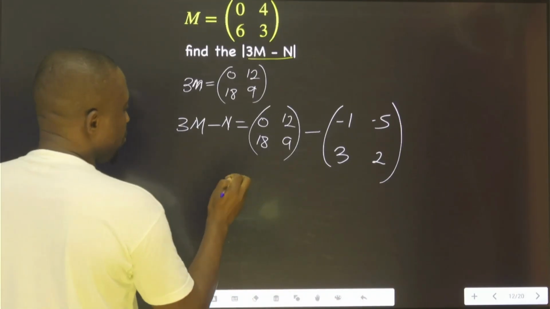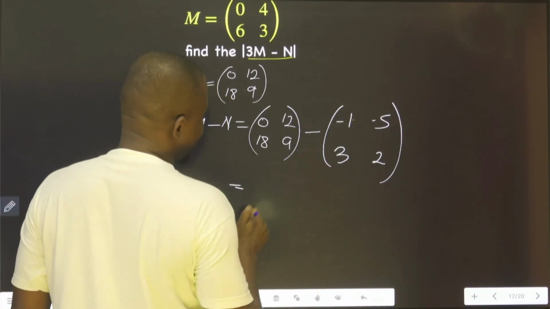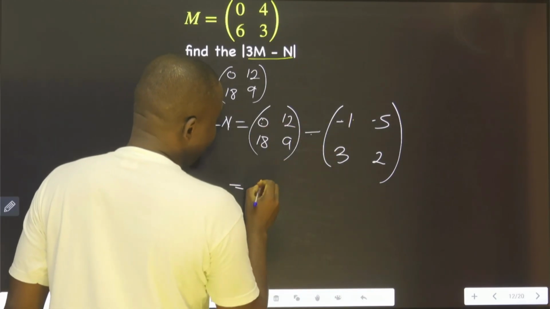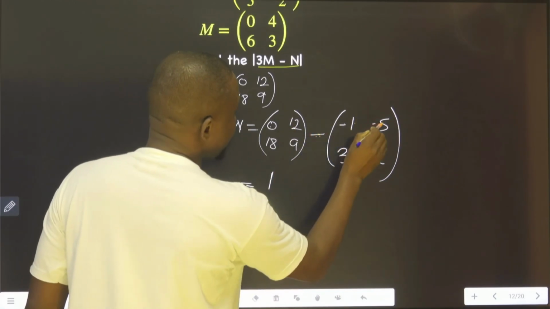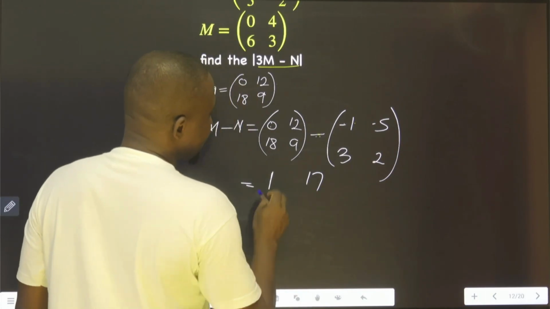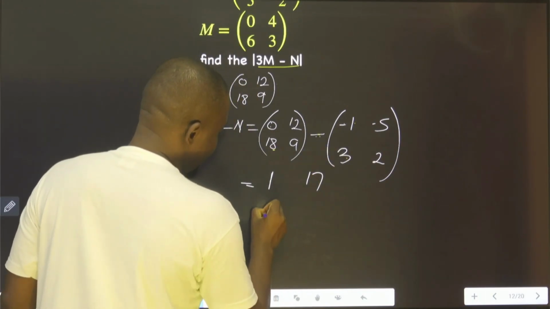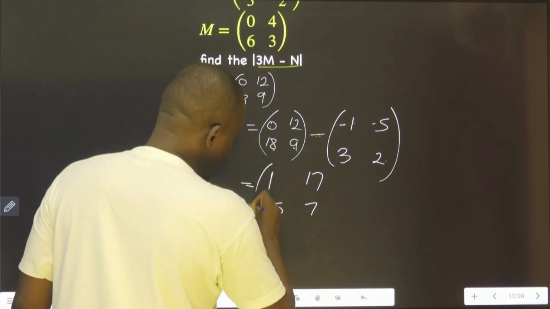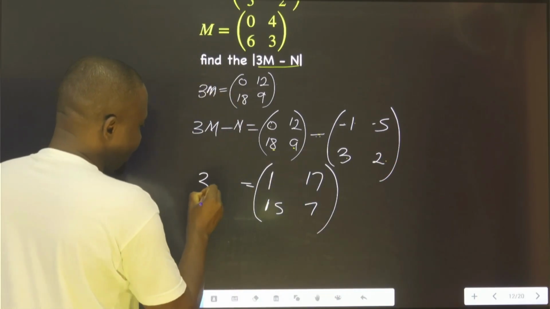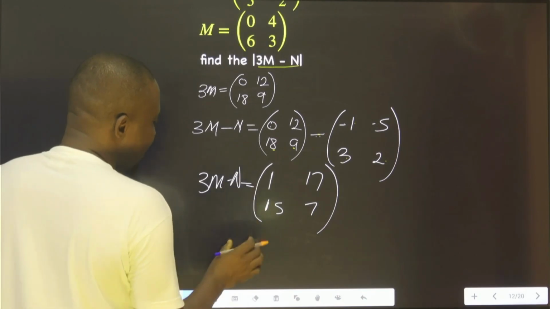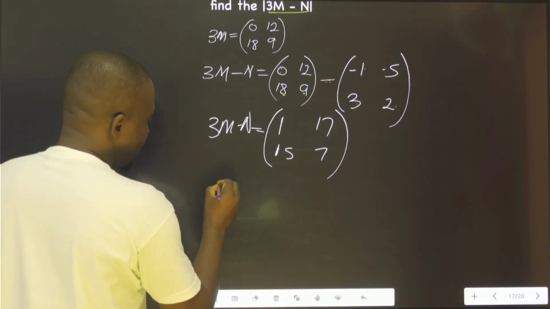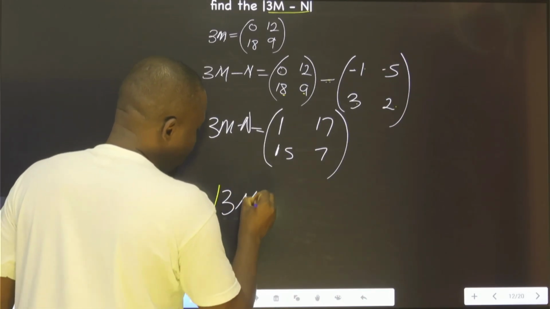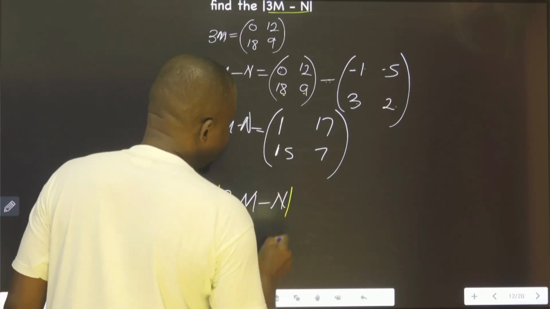Okay, now we work this out, corresponding element. This minus this will give us 1. This minus this will give us 17. This minus this will give us 15. This minus this will give us 7. This is this. Now we find the determinant of this, okay?